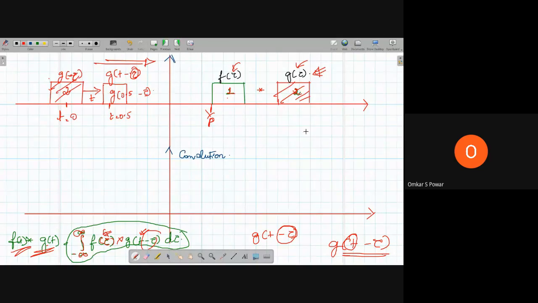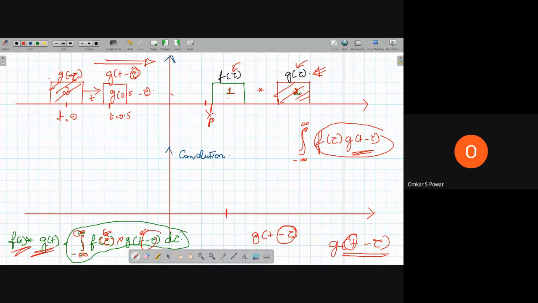So we have taken g of minus tau and g of t minus tau, and we are shifting it. Now what remains is multiplying and taking the area. Multiplying up till this point, what is the value of f of tau? It is 0.